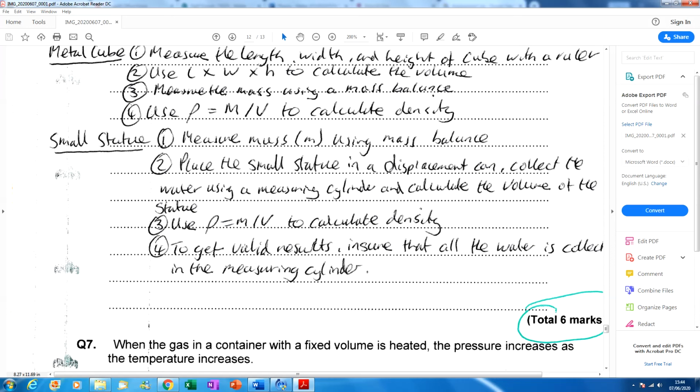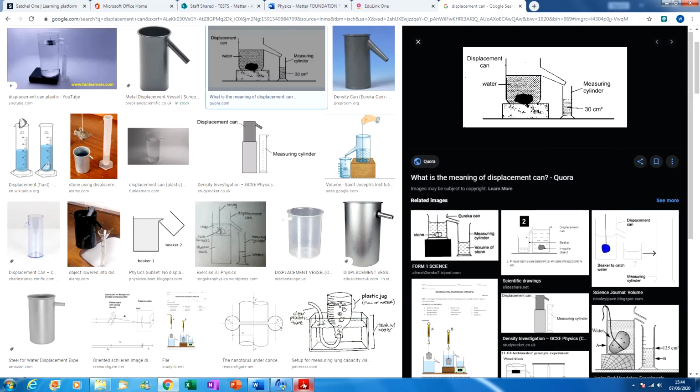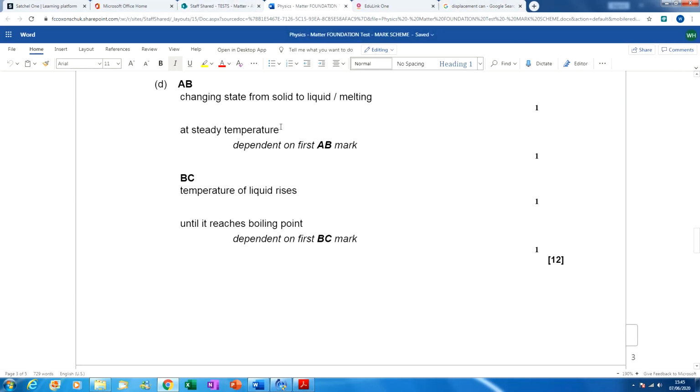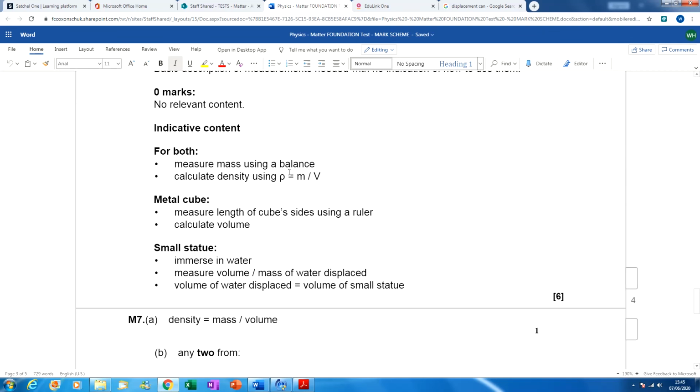So I said to get valid results, ensure that all the water is collected in the measuring cylinder. So let's go to the mark scheme, which is here. Measure the mass using a balance, calculate the density using mass divided by volume for both.